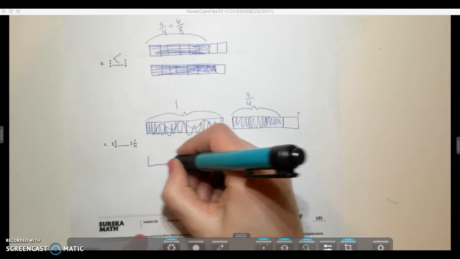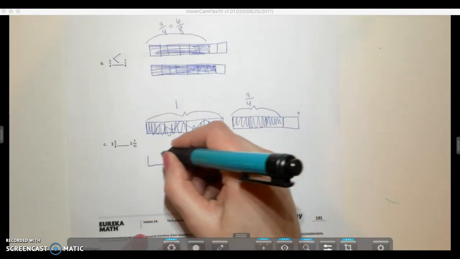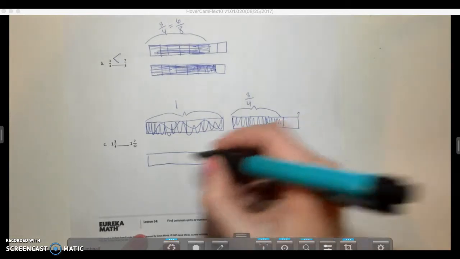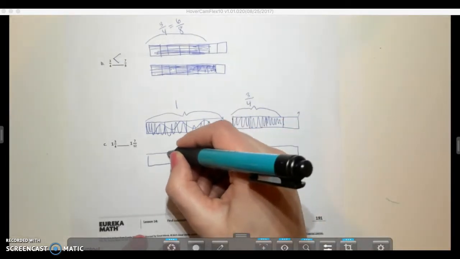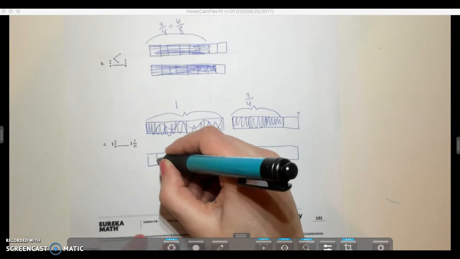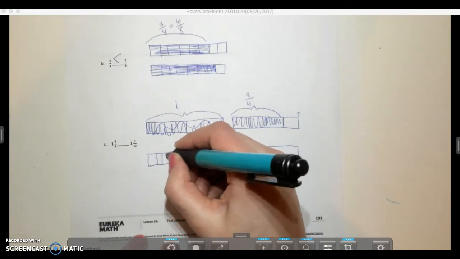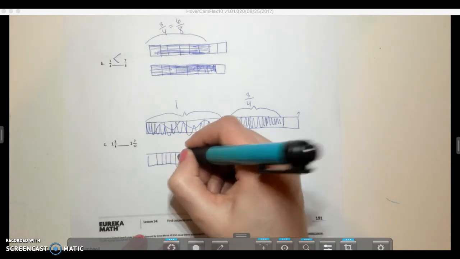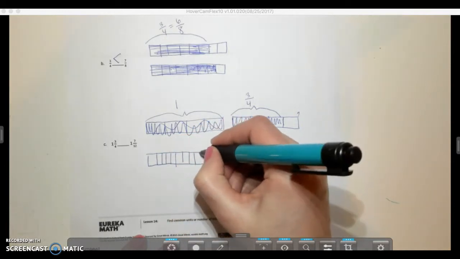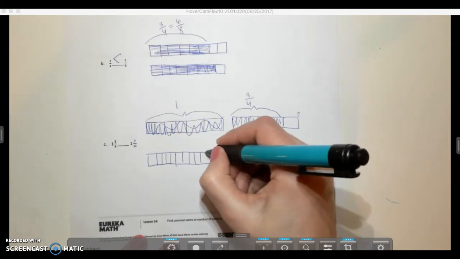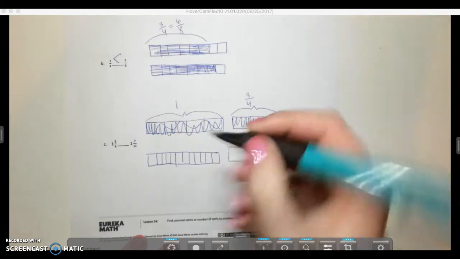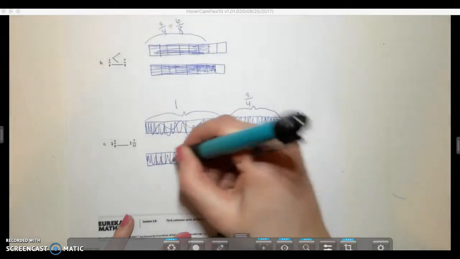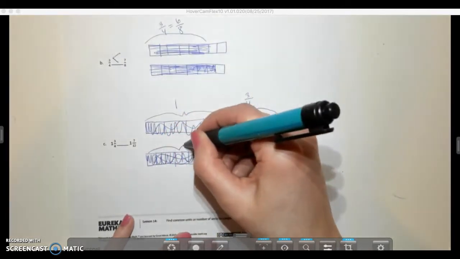Okay, and then for our second fraction, put this into 12ths. Okay, so there's 12, so I'm going to color in the whole thing to make this a whole.